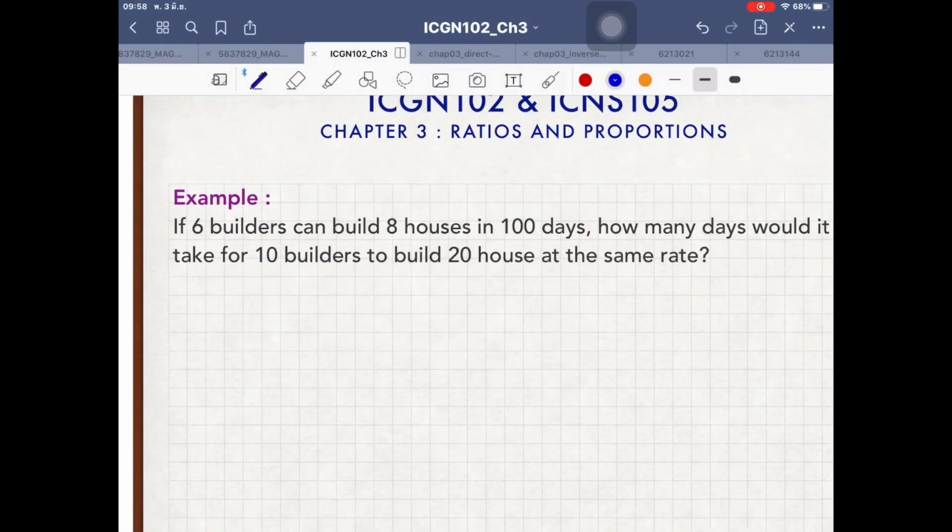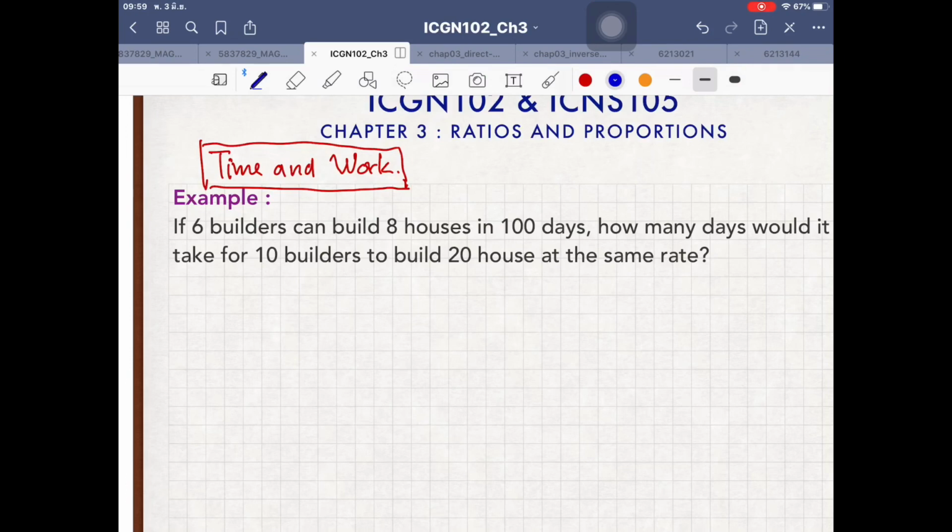Now let's go to this problem. This problem is about the time and work. Okay, if you read through the problem here, if 6 builders can build 8 houses in 100 days.